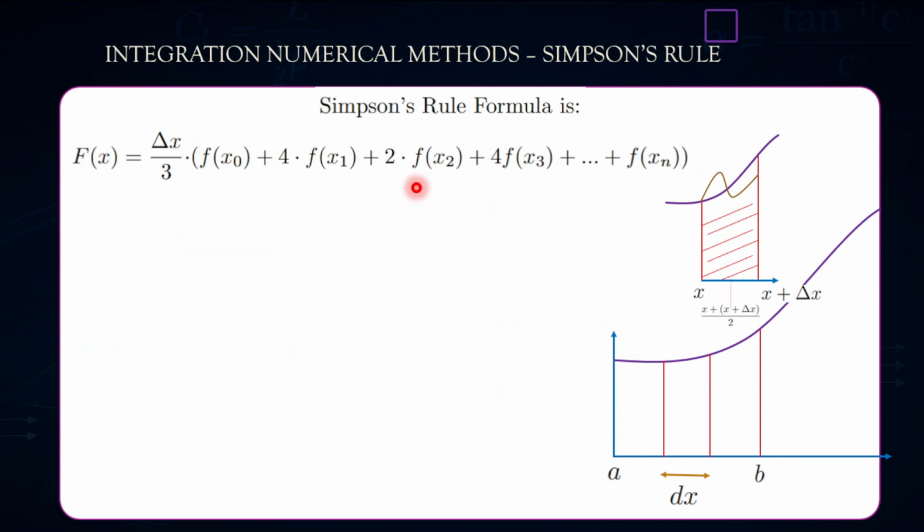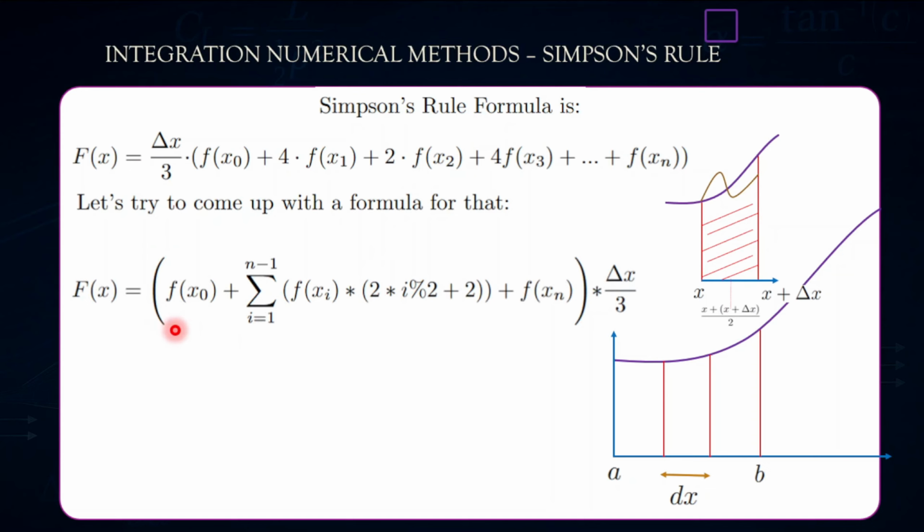The formula for that is the following: f(x) equals delta x divided by 3, you multiply this number by everything on the inside, times f(x0) plus a sum from i equals 1 to n minus 1, to the one before the last, f(xi) multiplied by 2 times i modulo 2. As you notice, for the odd place values like f(x1), f(x3), etc., the value of i, since it is odd, i modulo 2 would give you 1.